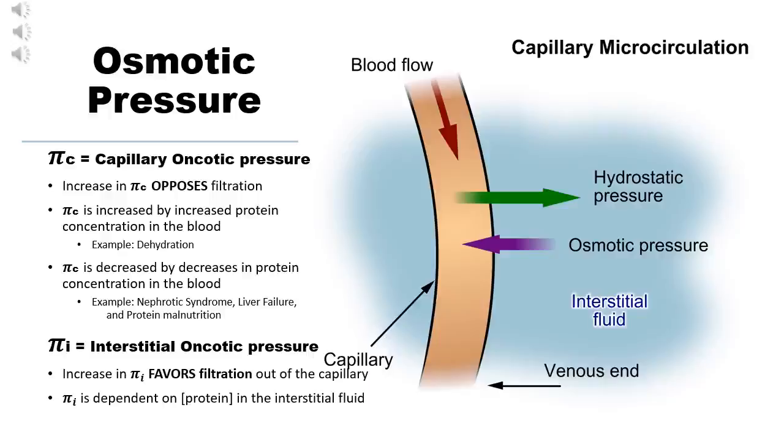And hydrostatic pressure, just to reiterate, is going to push and pull with filtration, and filtration is taking that stuff out of the capillaries or blood and into the interstitial space.